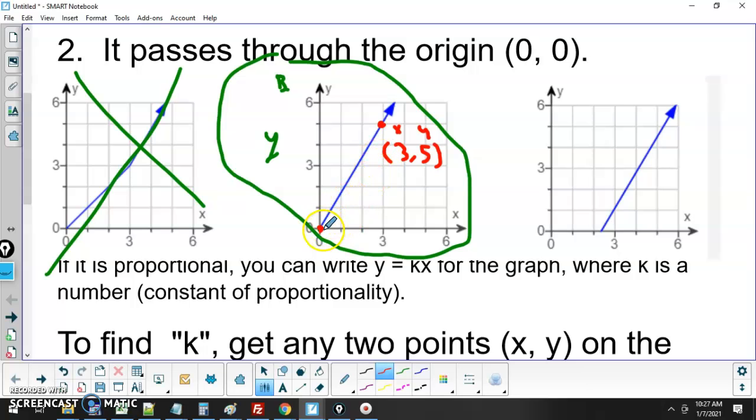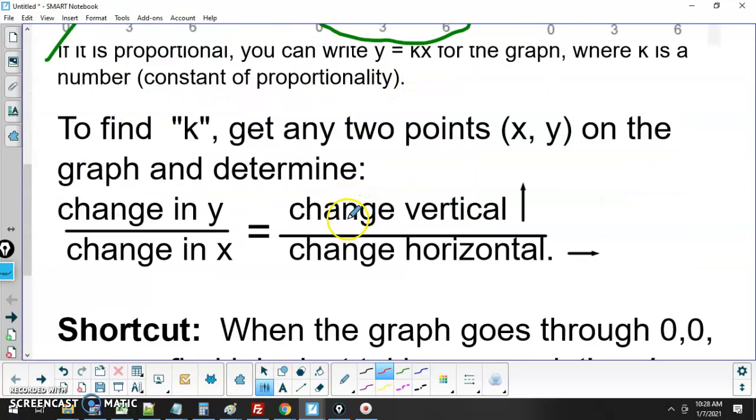So you're seeing how it changes from (0, 0). There's your 2 points, and so k, just to remind you guys, is the change in y over the change in x. Now if we're counting from (0, 0), the change in y over the change in x would be 5 over 3. And then you could divide it in your calculator and get the decimal equivalent for that. Okay, so that's in a nutshell what you want to try doing for these problems.